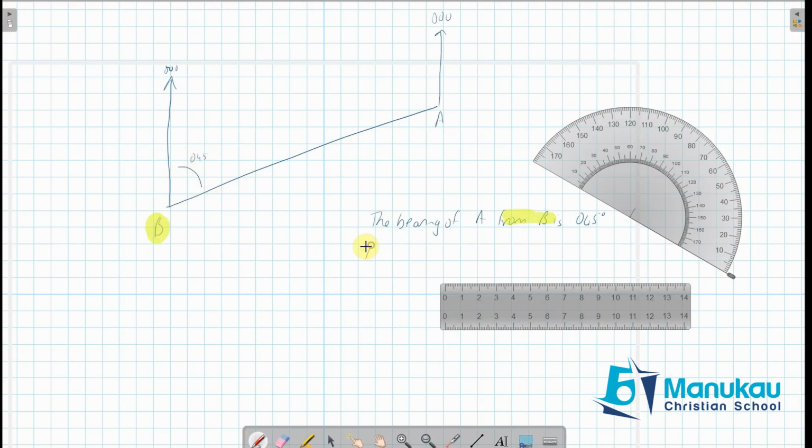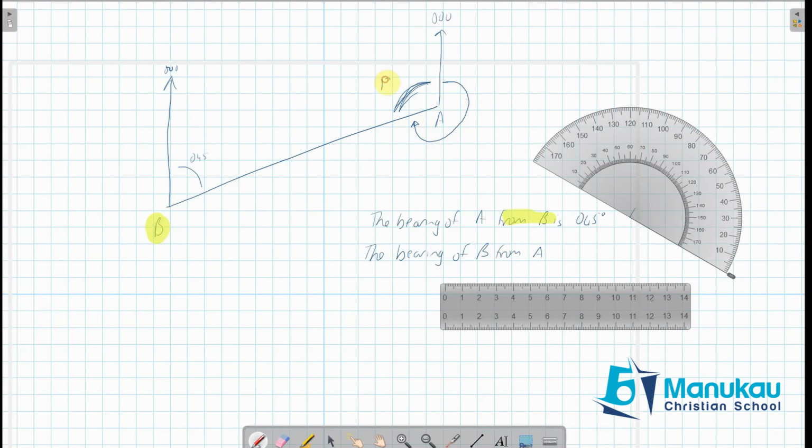Now, let's say I wanted to know the bearing of B from A. Well, that means I'm going to start measuring from A, and I'm going to go clockwise, starting from the north line until I meet this bit here. Now, I could measure it, or I could work it out. I can first of all figure this out, because 45 plus this must add to 180 because they are co-interior.